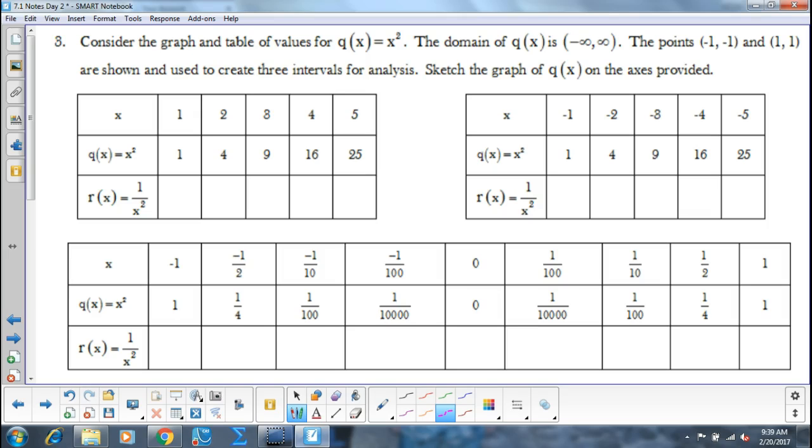Now, let's look at r of x. You know why we went with r? What is r compared to q? R is a fraction, but what kind of a fraction? Remember, quadratic starts with q.